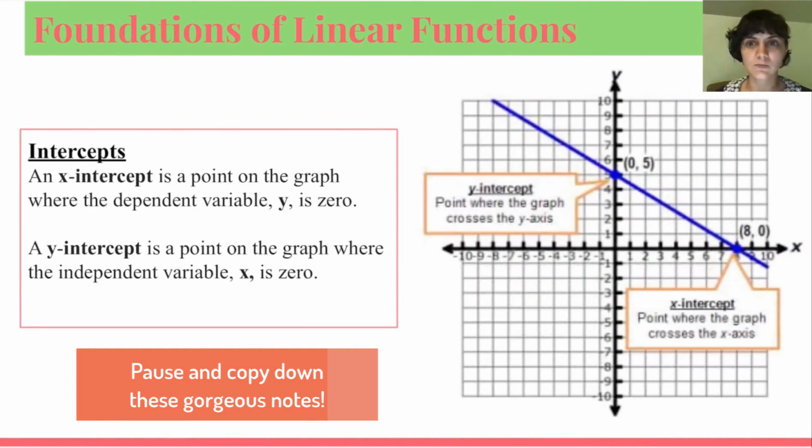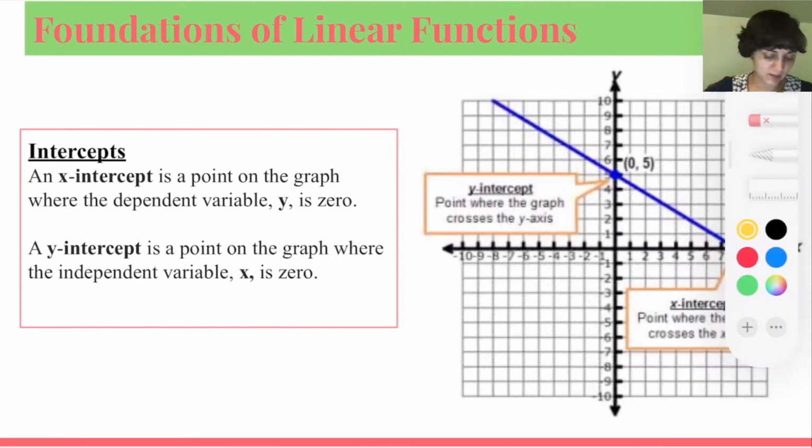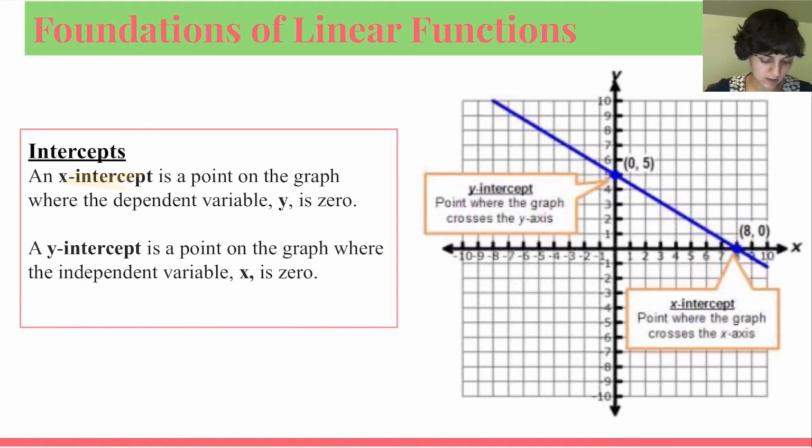And then another aspect of linear functions I want to remind you of are the intercepts. So our x-intercept is a point on the graph that crosses the x-axis, but it's also when the dependent variable y is 0. Okay, so it's kind of 2 different things to remember about our x-intercept.